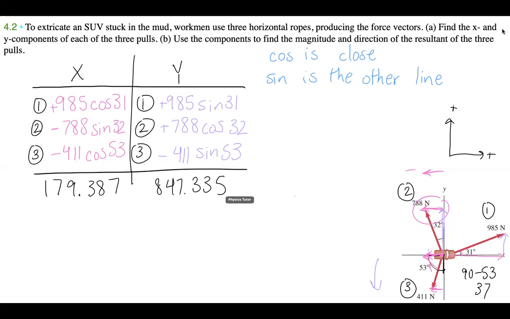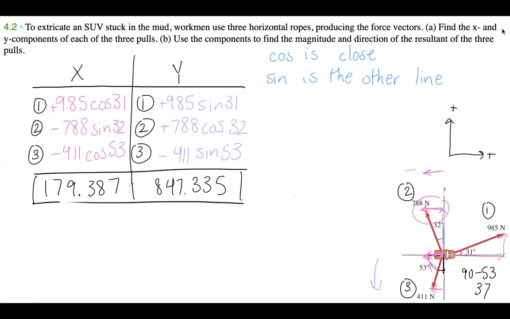Okay. So, yep, that's what I got before as well. So that checks out. So all together, if we add all of our x's together, then we get 179.387. If we add all of our y's together, we get 847.335. So now use the components to find the magnitude and direction of the resultant three poles.